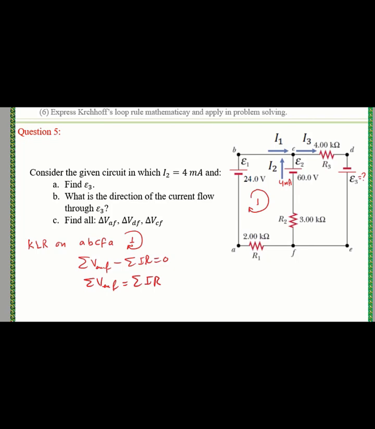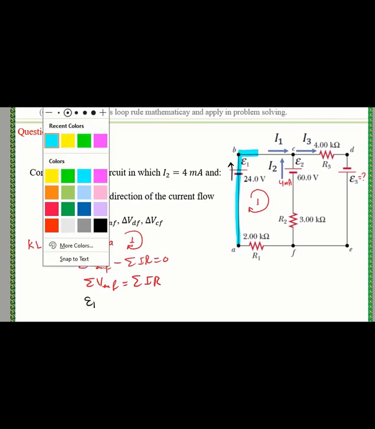Now check for the batteries first. From A to B, we have epsilon 1 in the same direction of analyzing, so it is positive. From B to C, there is no battery.